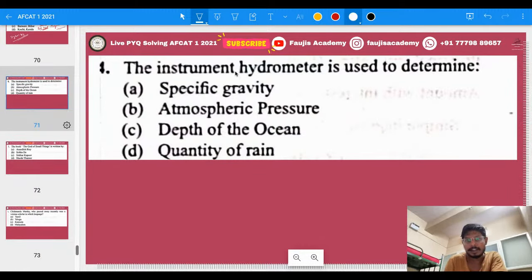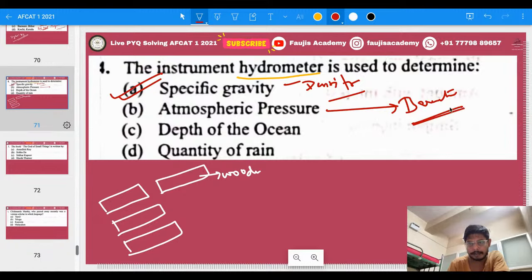The instrument which measures, okay, hydrometer measures what? It measures your specific gravity or the density of the liquid. Atmospheric pressure is measured by an instrument called barometer. Okay, barometer, right?